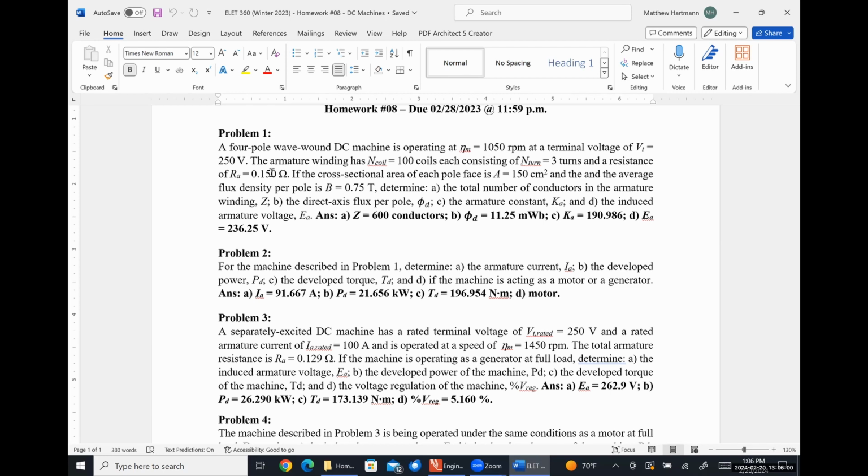So I'll think about that for a moment. Let's answer the last question first. Is the device acting as a motor or a generator? How do you think we might sort that out?